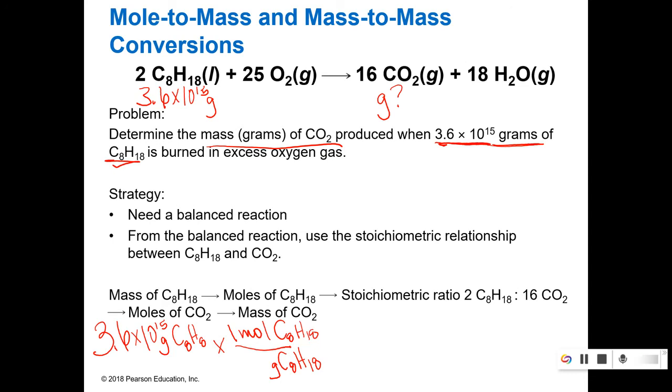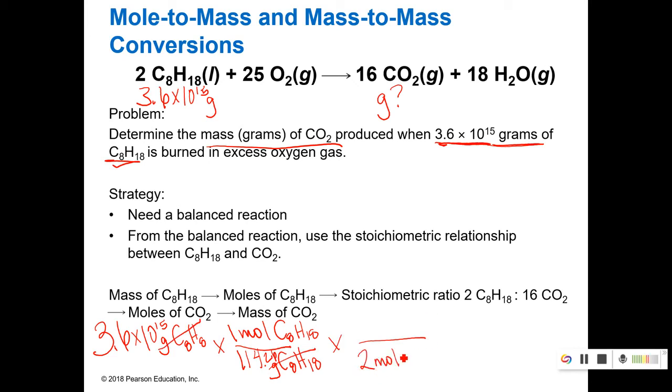Get my periodic table. Turn on my calculator. We've got 12.01 times 8, plus 18.18, because it's 0.01 times 18. So I've got 114.26. Leave enough room. Okay, so our grams of octane cancel. Then the next step is our mole ratio.